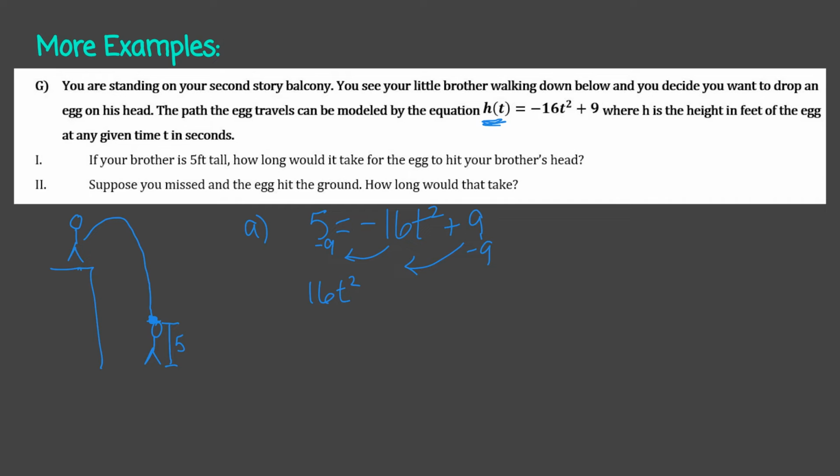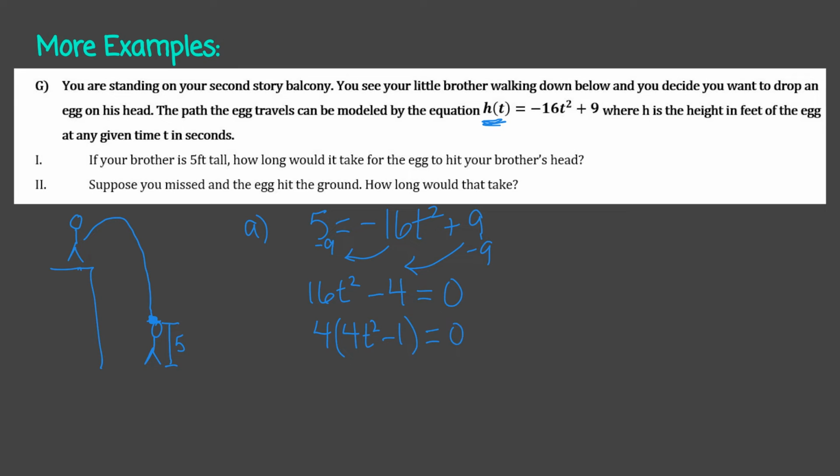So let me erase this. And so here I would have minus 4 equals 0. All right, so it does look like you do have a GCF. I can divide both of those by 4. So I'm going to have 4 on the outside. Divide both of those by 4. You would be left with 4t squared minus 1.